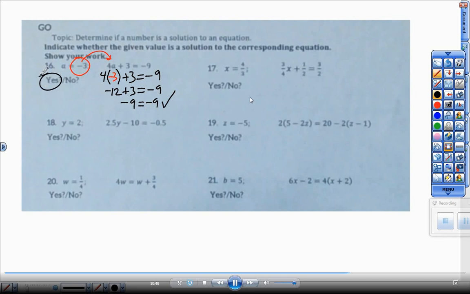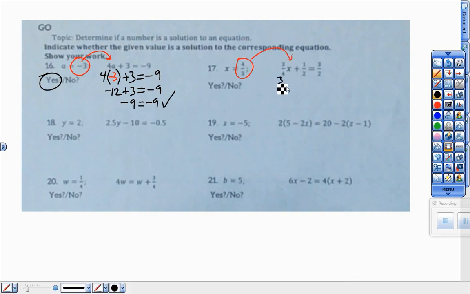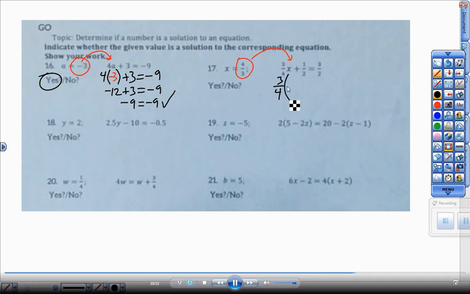Yes. 17. If I plug in 4/3 here, 3/4 times 4/3 plus 1/2 equals 3/2.